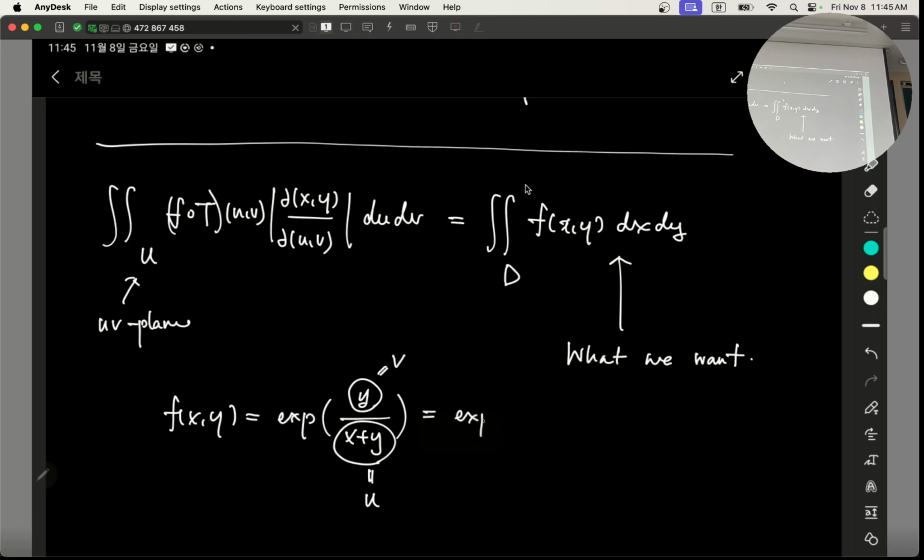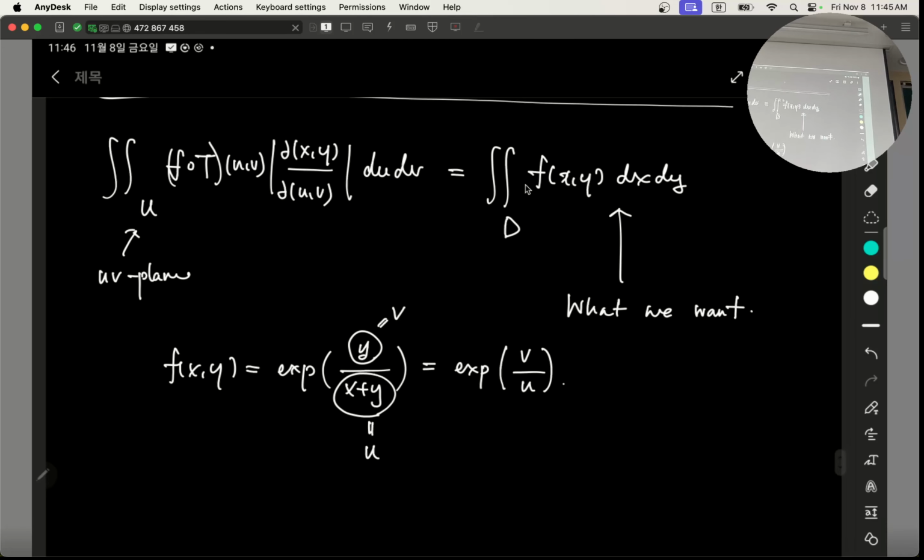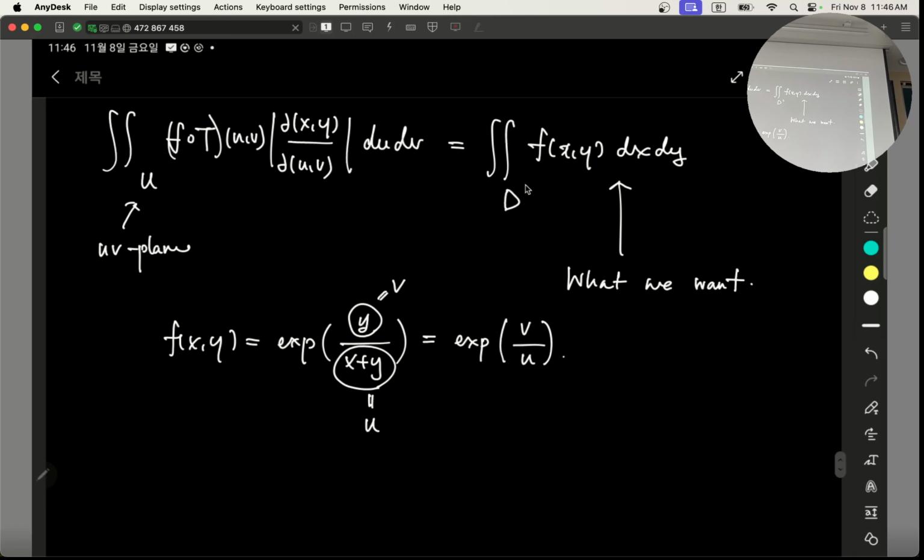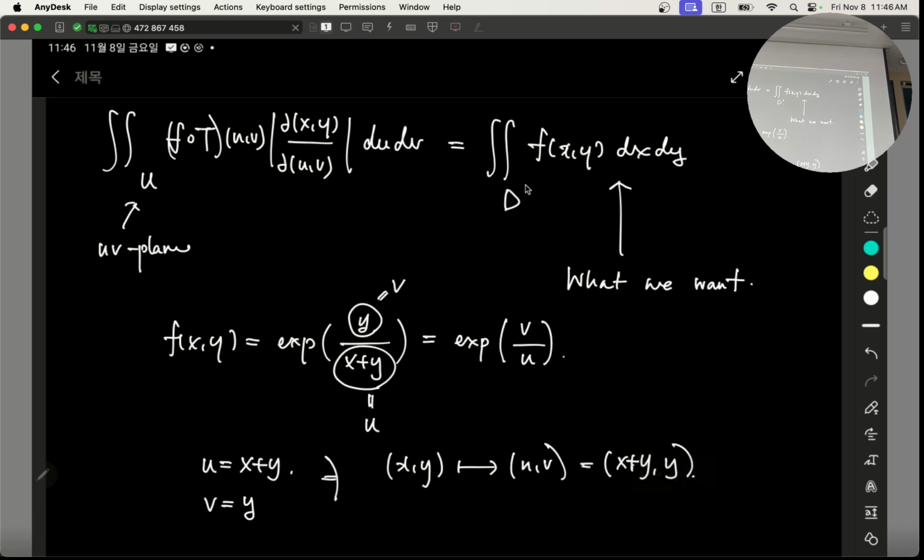So I'll take this as exponential of v over u. But then let's look at the substitution. I substituted x plus y as u and y as v. That means I have a function from xy to uv that sends (x, y) to (x plus y, y).